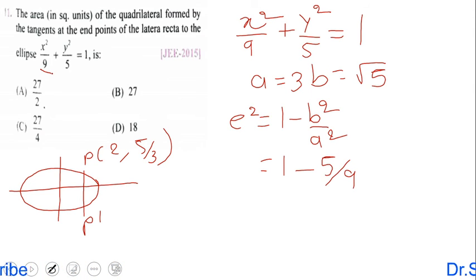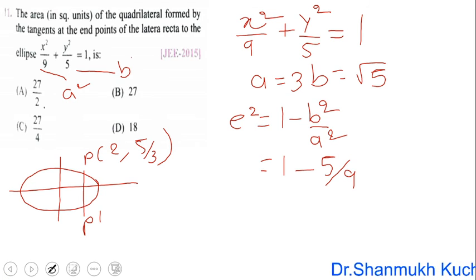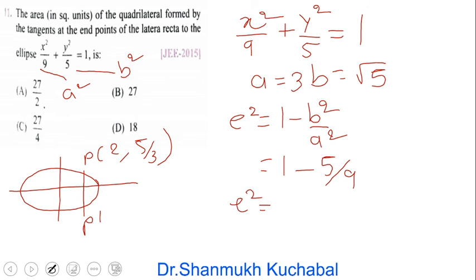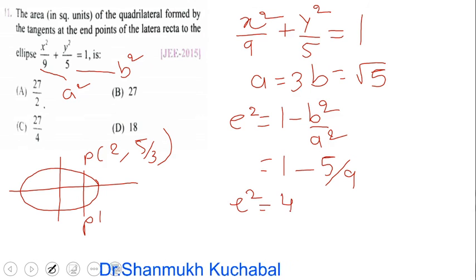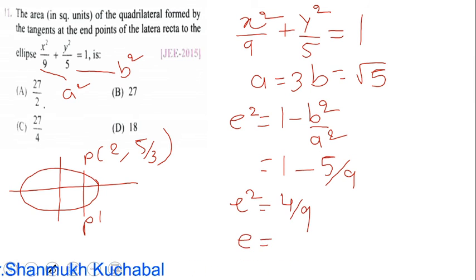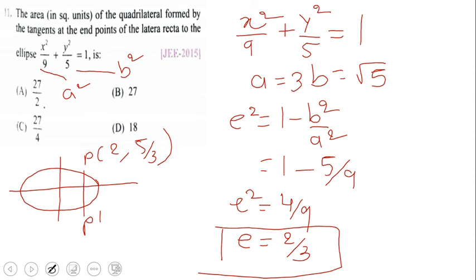So we get e square, taking the LCM and simplifying, as 4 by 9. So e we are going to get as 2 by 3. This is the solution for e.